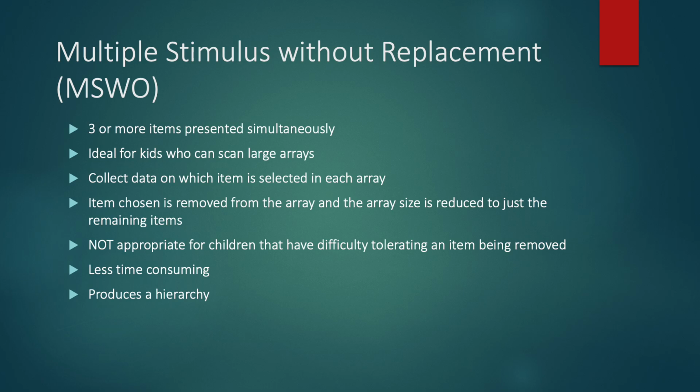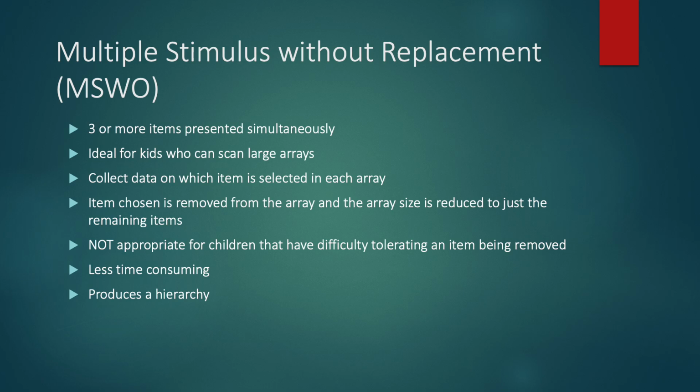Basically, once the client has interacted with the selected item for a specific amount of time, they no longer get access to that item. You now just test the other items in the array against each other. Once they make another choice, they get to interact with that second item. Once the time has passed, that item is removed and they make a choice between the other items that are available.